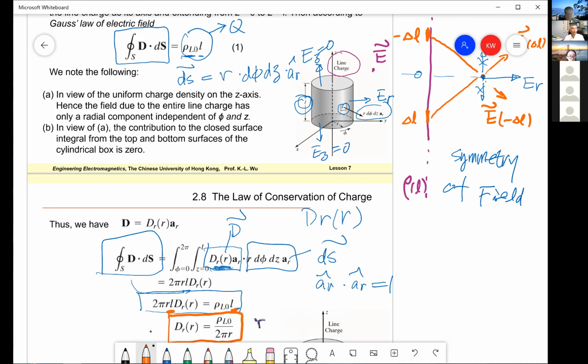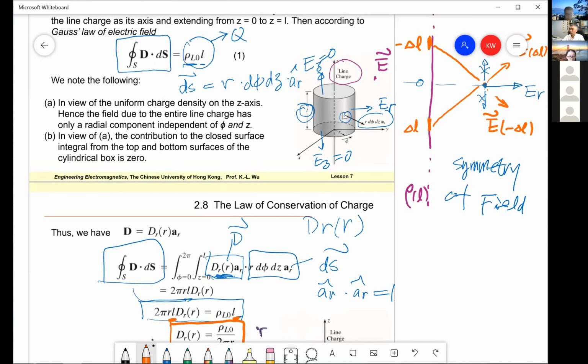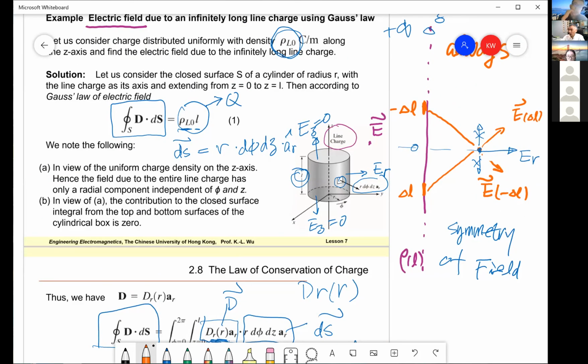Then you will ask me, where do we reflect the infinitely long condition? Of course we use it. Don't forget, if we have a finite length of charge, then how do you find the field?